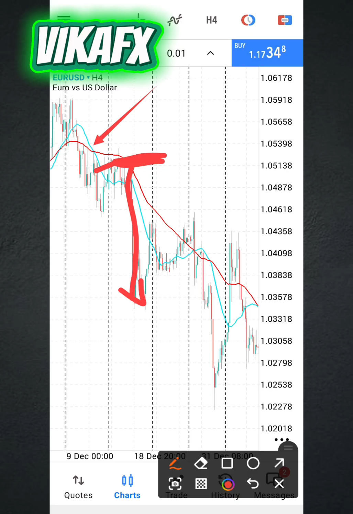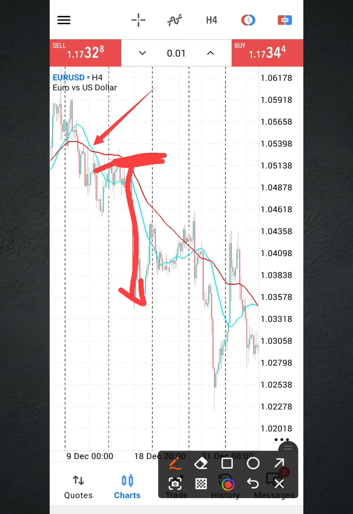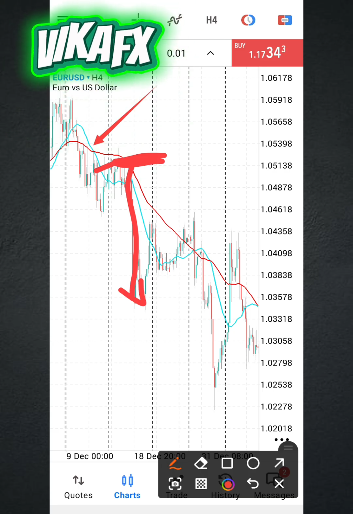The first is to wait for the crossover and then wait for price to get to your moving average and then reject. You need to wait for price to reject at your moving average. There must be a reversal, a clean rejection around the moving averages for you to know that price is about to go your direction.